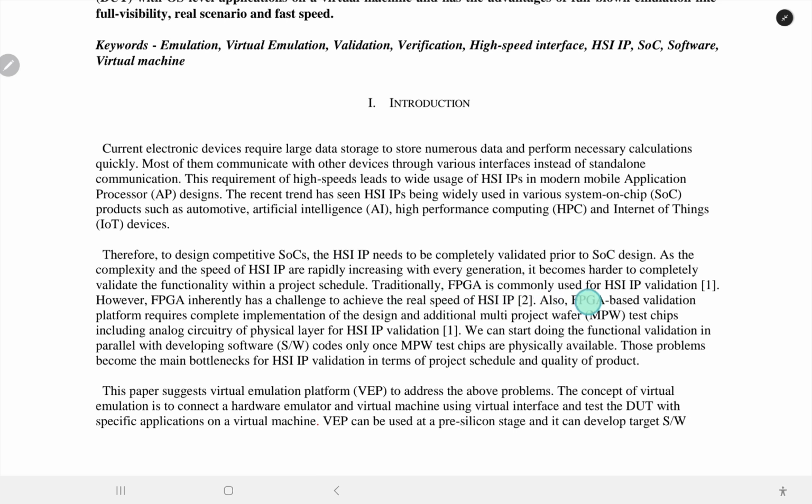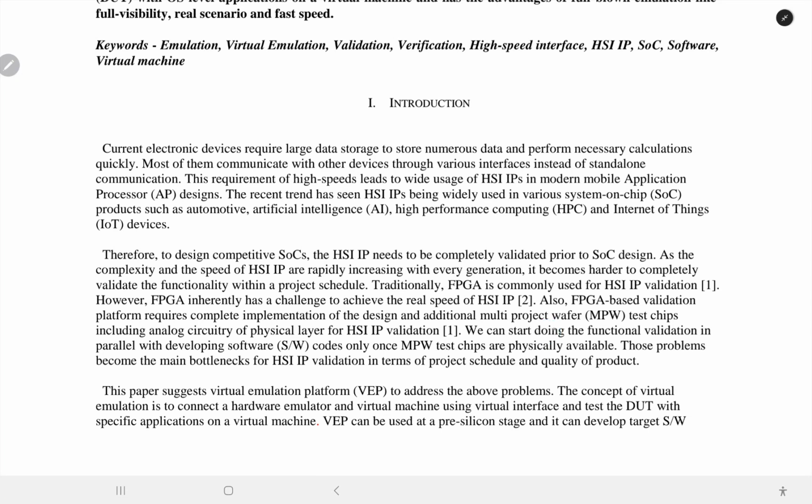Also, FPGA-based validation platform requires a complete implementation of the design and additional multi-project wafer (MPW) test chips, including analog circuitry of physical layer for HSI validation.